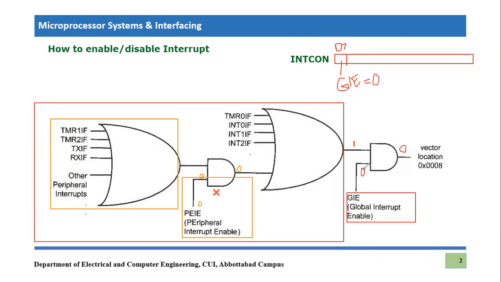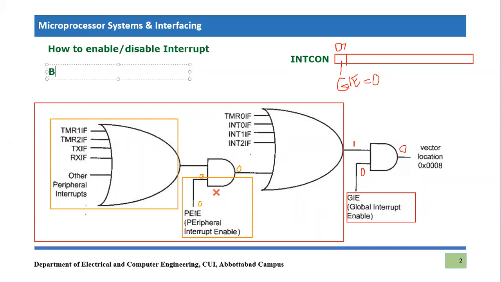It will place 0 here. That means if any input comes from any interrupt, the result will be 0, and the microcontroller won't be interrupted.